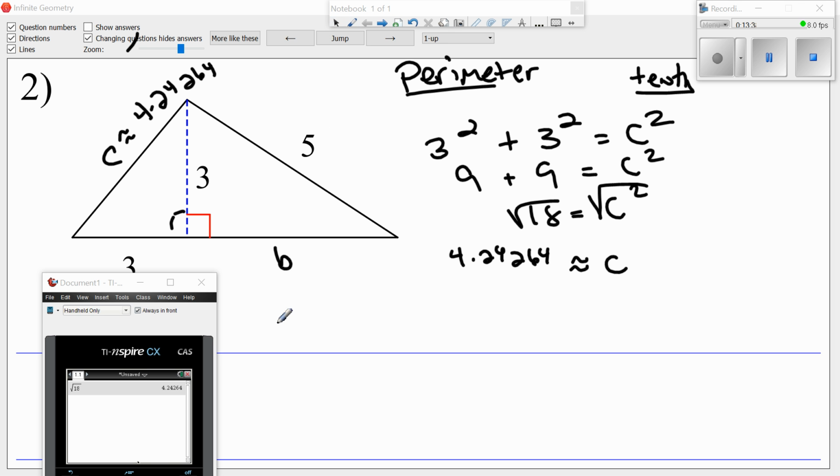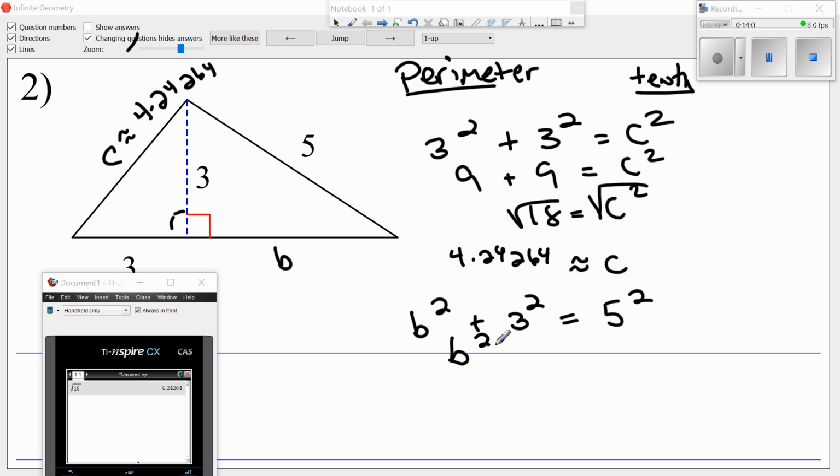Then I've got to come down here and find B now, so I concentrate on this triangle only. So again, Pythagorean Theorem. B is a leg plus 3, which is another leg, equals my hypotenuse squared. And I know it's going to be 4, but let's go through the process. Simplify your equation first.